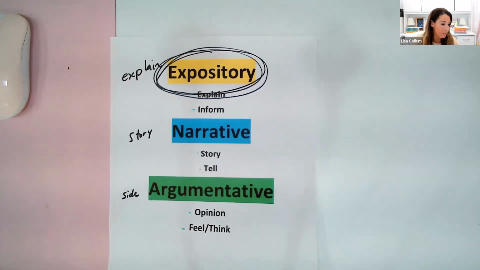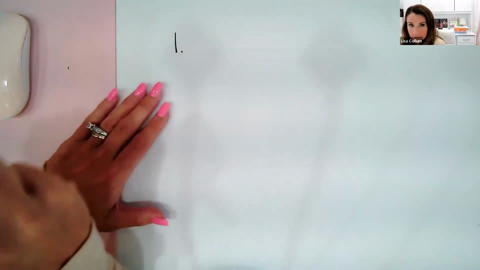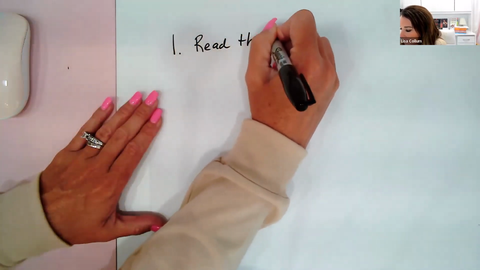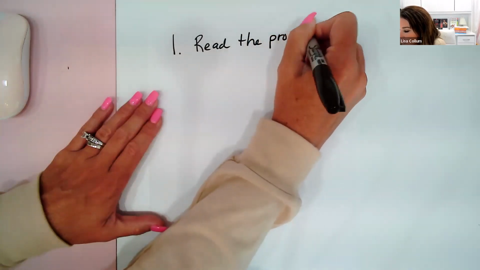So today we're going to talk about planning. Now, when you go to write an essay, anytime, it could be now in elementary school, middle school, high school, college, whenever you go to write an essay, step number 1 is that you are going to read the prompt, which is what we did last week.